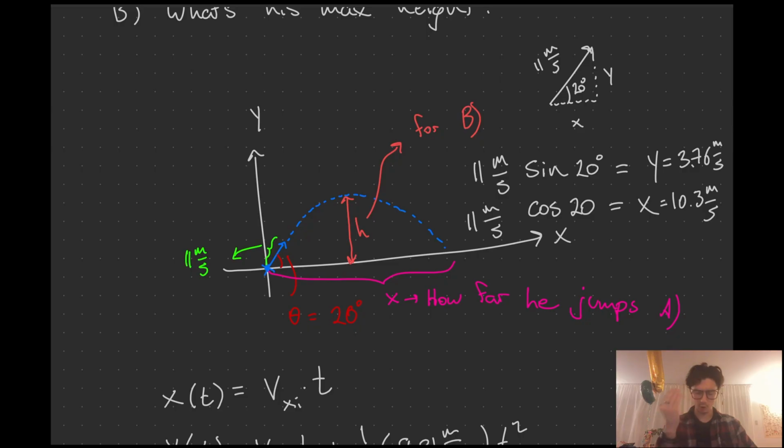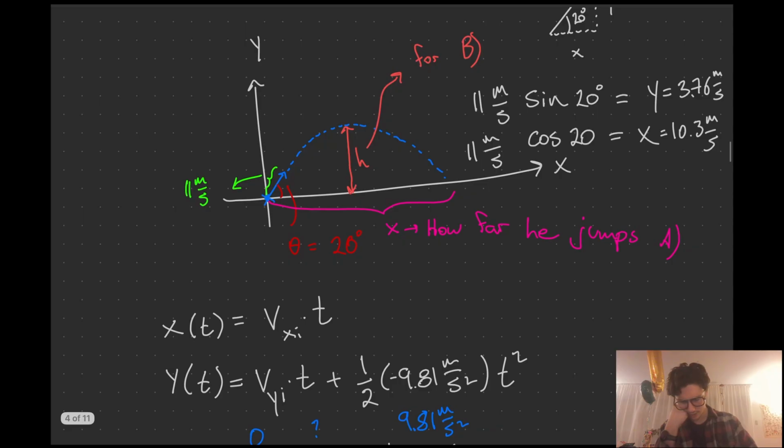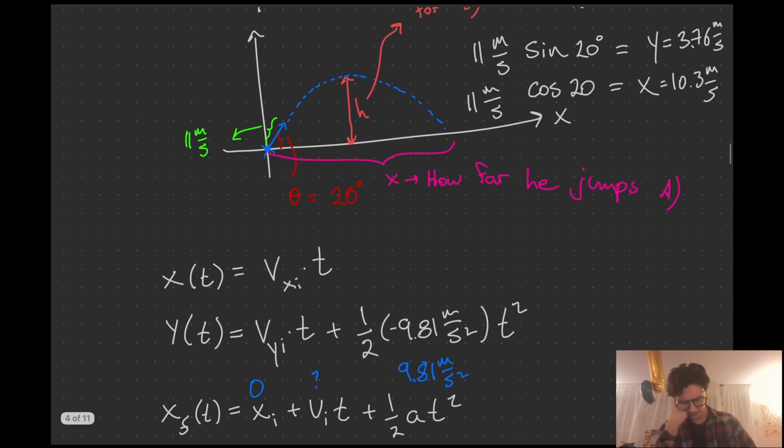We'll talk about what the optimal angle for a long jumper would be in a future video probably, because that's also an interesting question. But anyway, now we have the velocity in the x direction, which we can replace here. So velocity in the x direction is 10.3 meters per second times time.